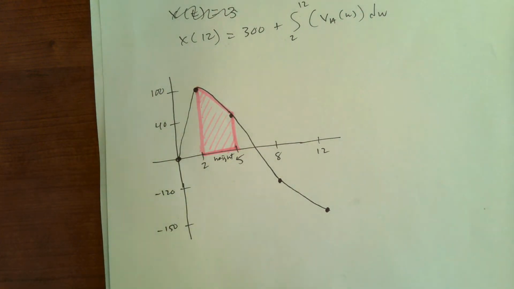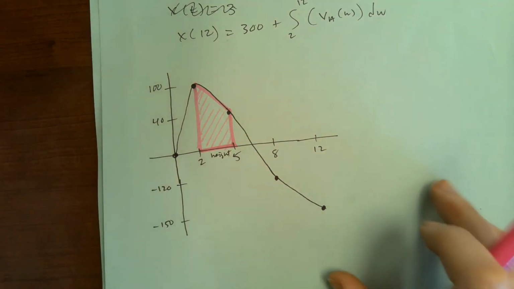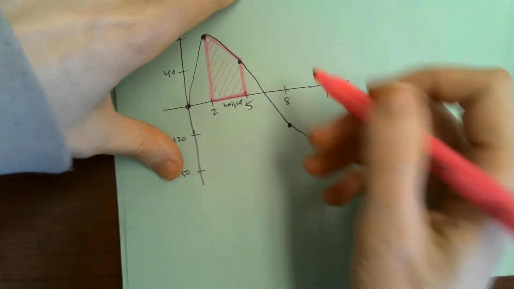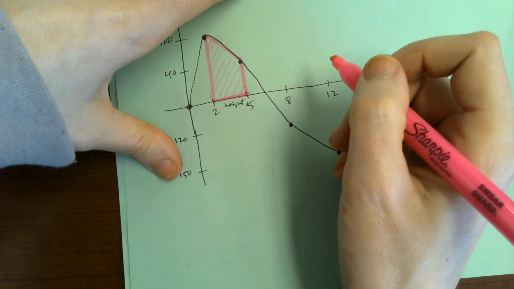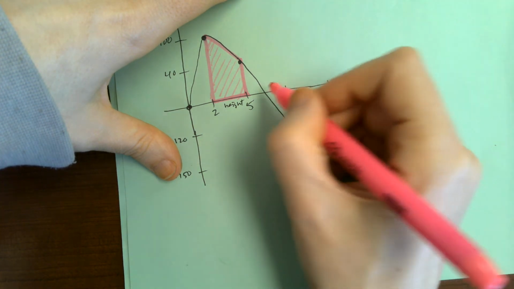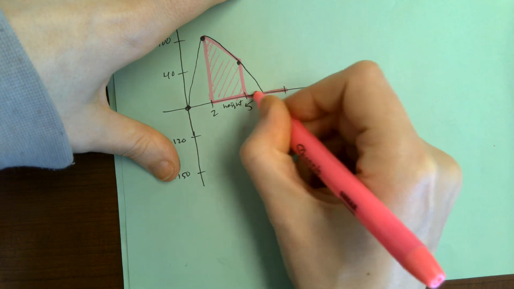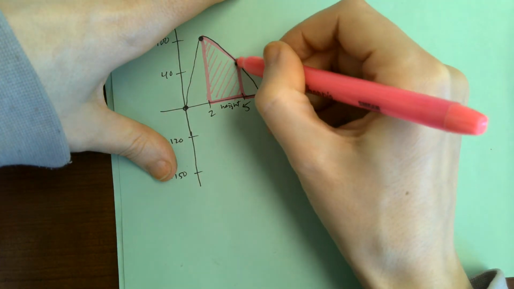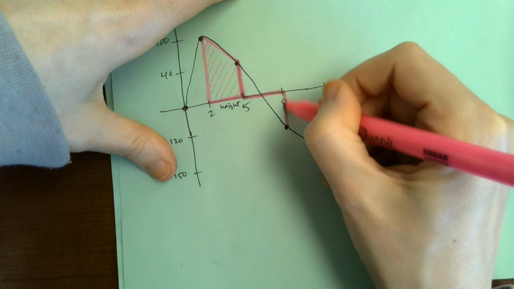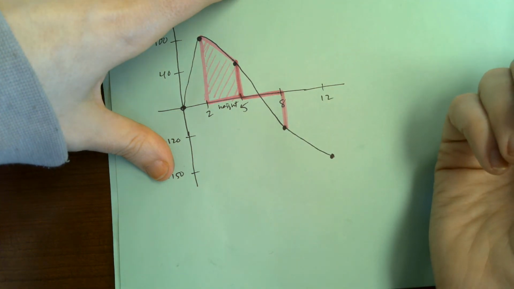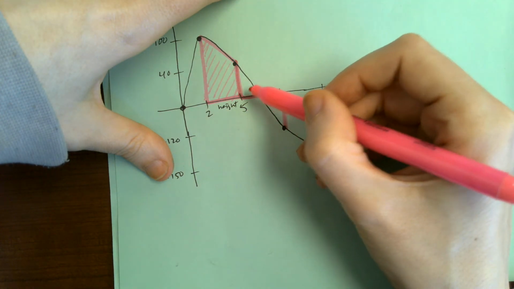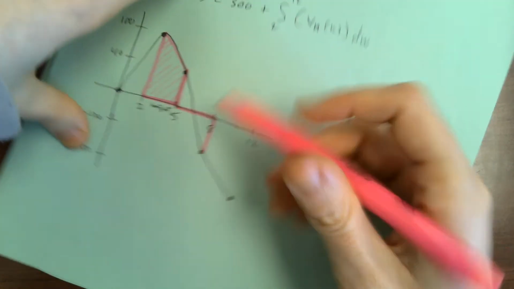Oh, yikes. Okay, and then the trapezoid from 5 to 8. How am I going to do that? Will that work? I think I can do it. So from 5 to 8, that's like the height of the trapezoid. This would be base 1, that would be base 2. And then how would this work to make a trapezoid?